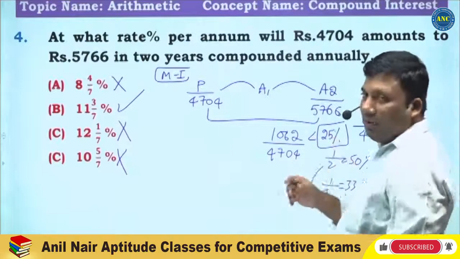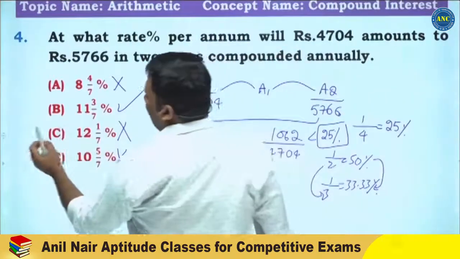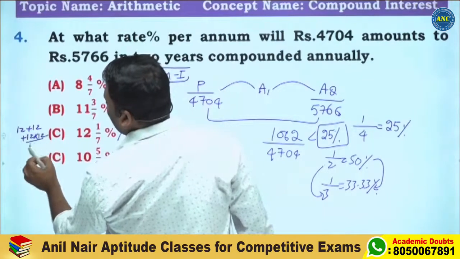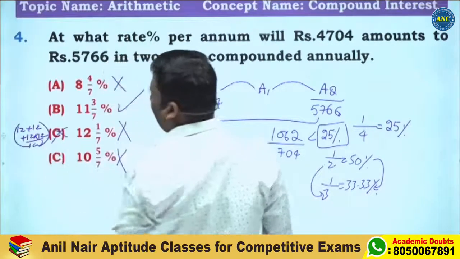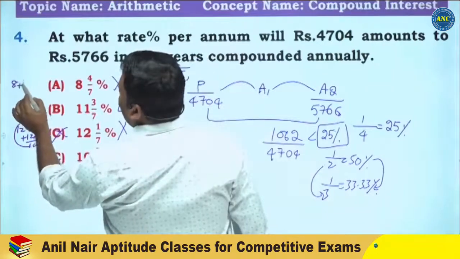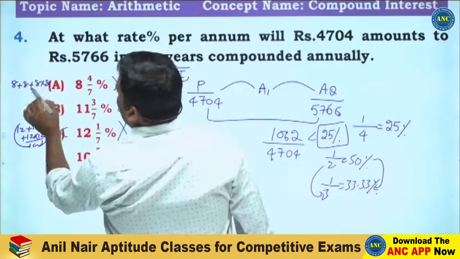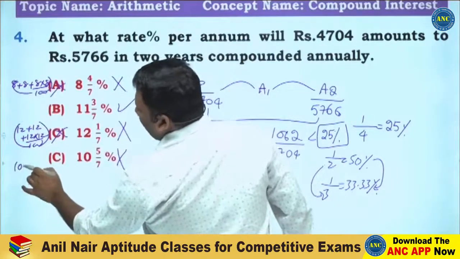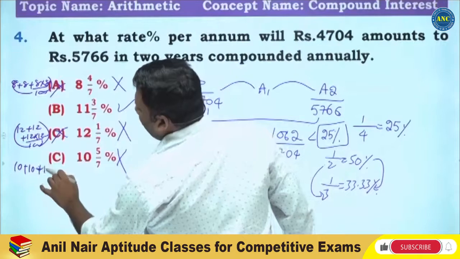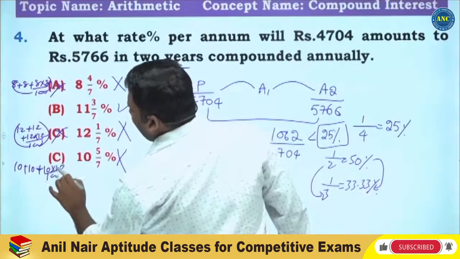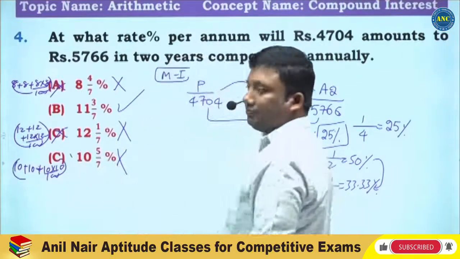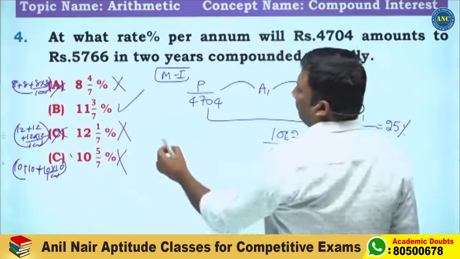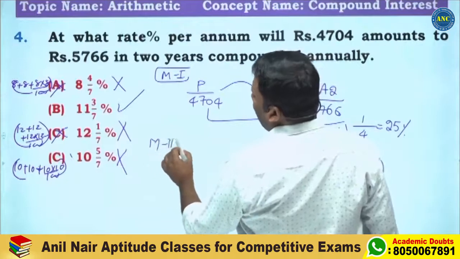I said the answer should be just less than 25. 12 plus 12 plus 12 into 12 by 100 is greater than 25, so it cannot be. 8 plus 8 plus 8 into 8 is closer to 16, it cannot be. 10 plus 10 plus 10 into 10 by 100 is closer to 20, it cannot be. The answer is close to 11, 3 by 7. Unnecessarily, students will get into this calculation.